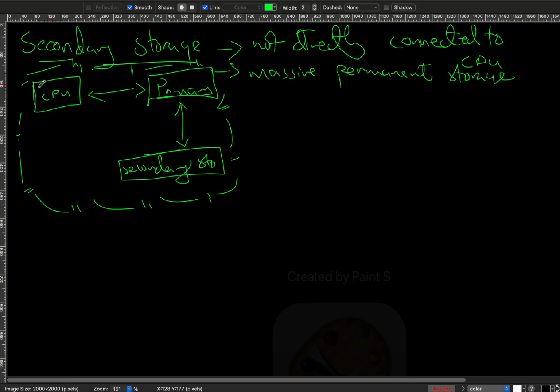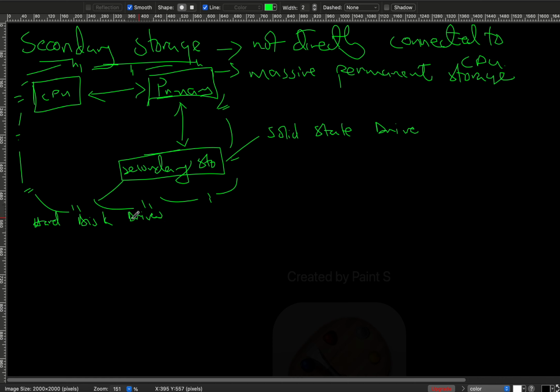So the area of concern now is this: the secondary storage is not directly connected to the CPU. We then went on to give a couple of examples. The secondary storage can be SSDs, solid state drives, or hard disk drives.